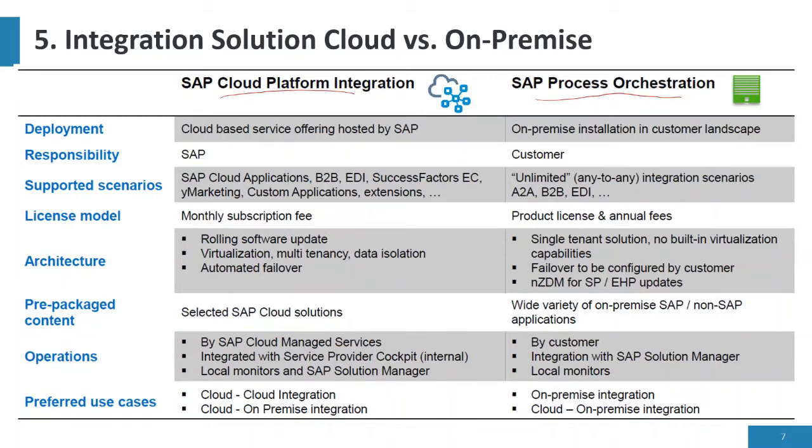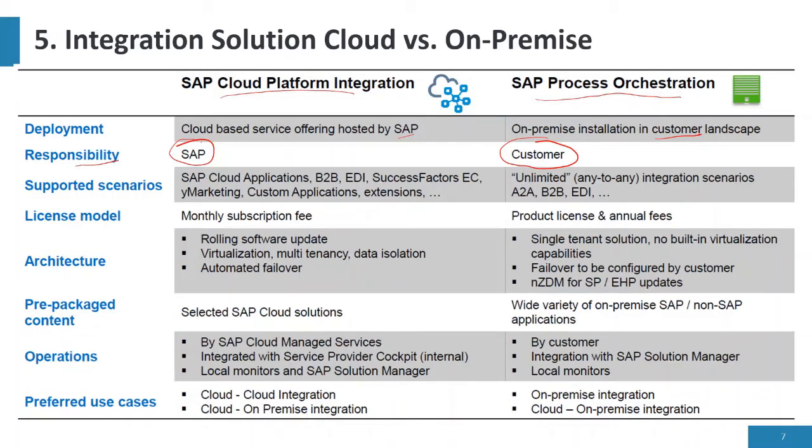In terms of deployment, the deployments would be hosted by SAP, but if it is on premise, it has to be done by the customer. Since CPI is in the cloud, the responsibility would be with SAP, and since PIPO is on premise, the responsibility would be with the customer, meaning you, the client.